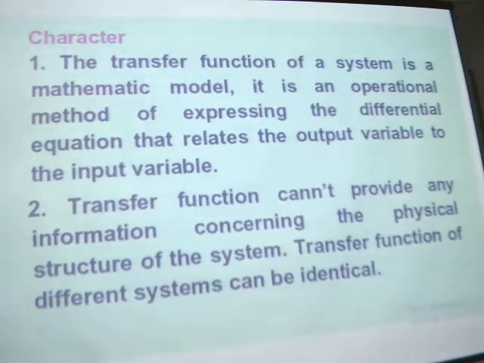Now, the characteristics of this transfer function, we have the following several. First, the transfer function of the system is a mathematical model. It is an operational method of expressing the differential equation that relates the output variable to the input variable.